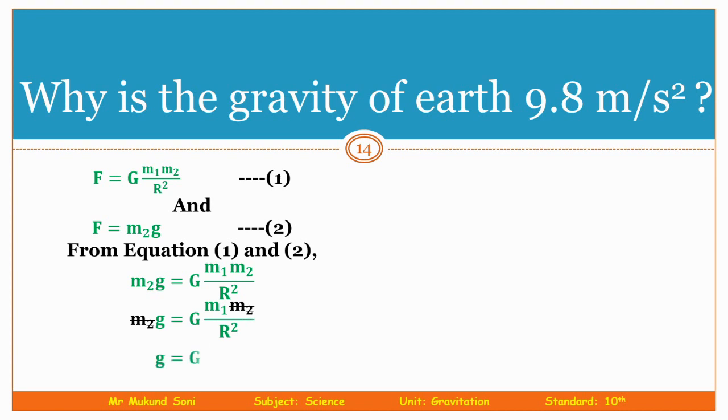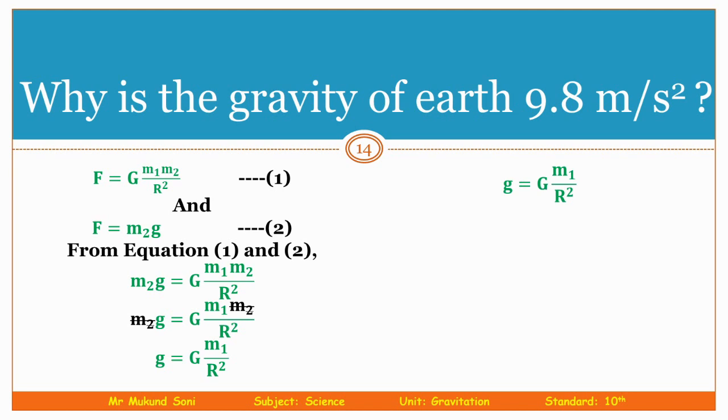What remains is g equals G m1 upon r square, where m1 is the mass of the planet. In this case it will be the planet Earth for us, and r will be the radius of the planet, in this case the radius of the Earth. So this is our formula.